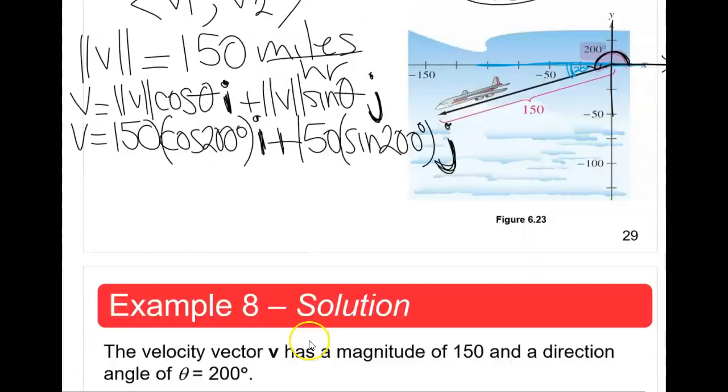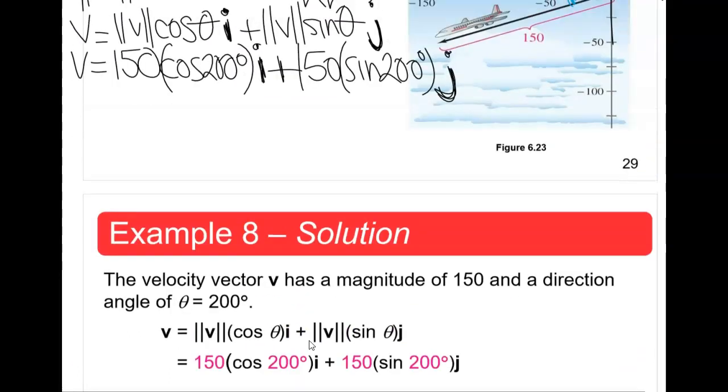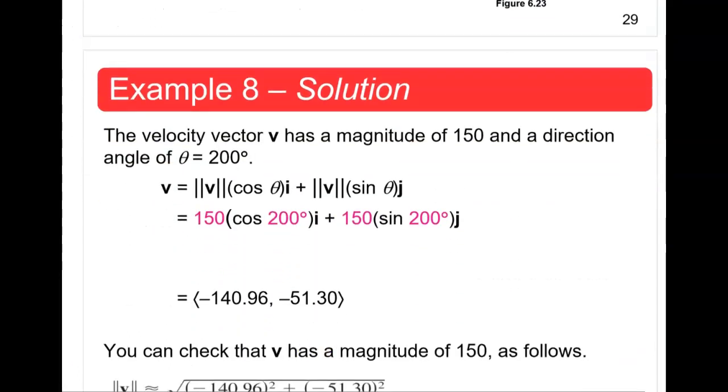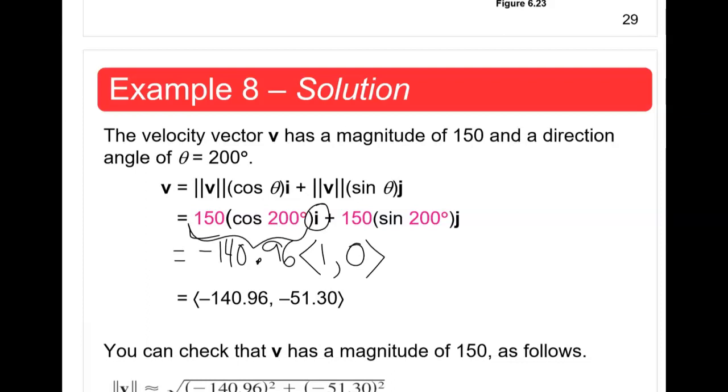So that same substitution, you could see it here. And if we were to enter this part on the calculator, we will get the number negative 140.96. And of course, times i, it's like times the vector 1, 0.